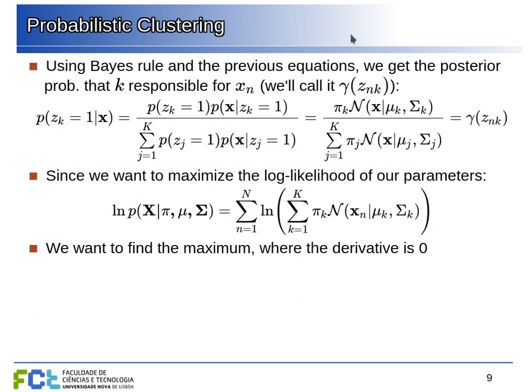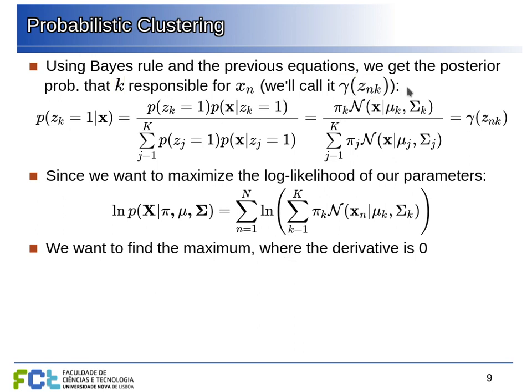Okay, so now we can use Bayes rule and these equations and get the posterior probability that for this particular point xn, it was the Gaussian distribution k that produced that point. So that point is assigned to that Gaussian distribution k.